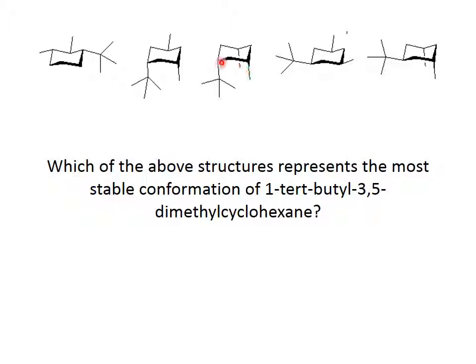This would be 1,3,5 again, but they're all axial. This one is 1,3,5, and they're all equatorial here. That's good. This is 1,3,5, but notice two of them are axial. The most stable conformation of 1,3,5 would be where they're all equatorial, which is this position.